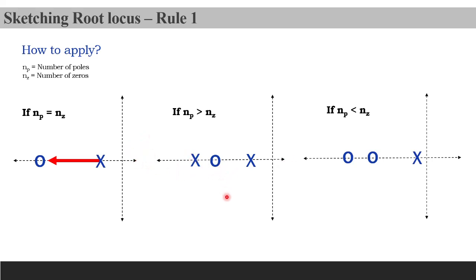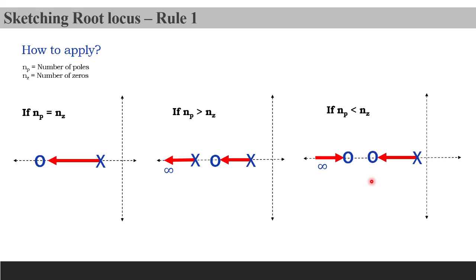We can draw it in such a way that this pole goes towards the zero, which is hypothetically present at infinity. Same as the case we have studied, this pole approaches infinity, and there is one more pole at infinity, so the root locus is coming from that pole at infinity towards the zero. So that's the easy way to understand this.